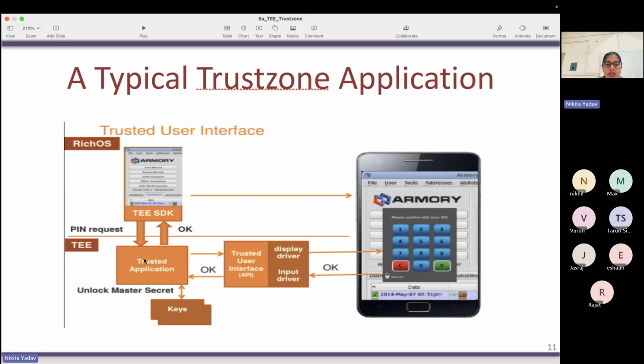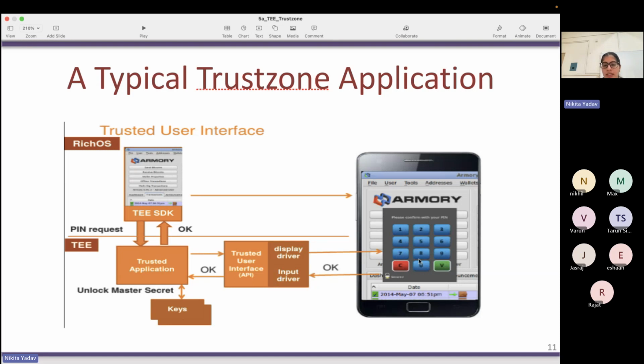And then the trusted application can verify whether the pin is correct or not, or perform any other operation that was required. It can do that operation on behalf of the normal application, and this provides us guarantees that when the user enters the pin, that pin is not accessible by this application.